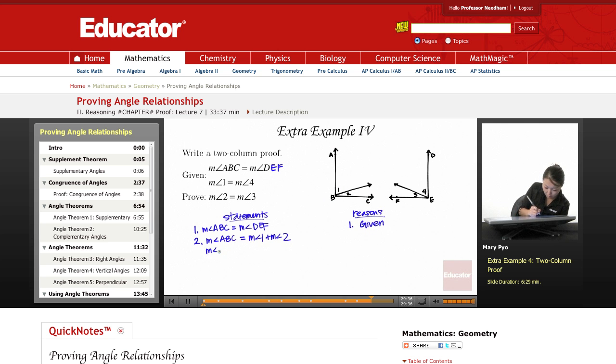So measure of angle DEF equals measure of angle 4 plus measure of angle 3. And the reason is angle addition postulate.